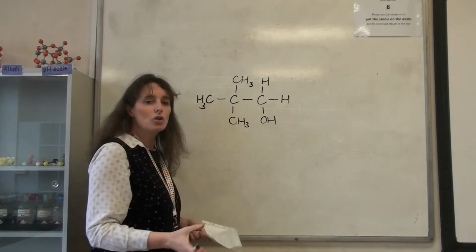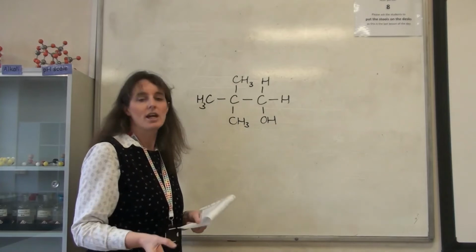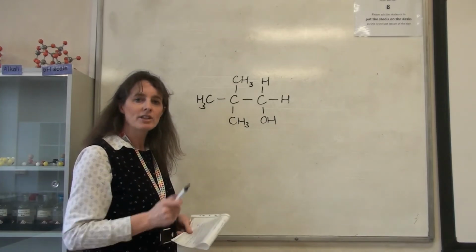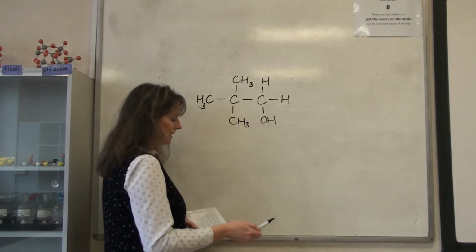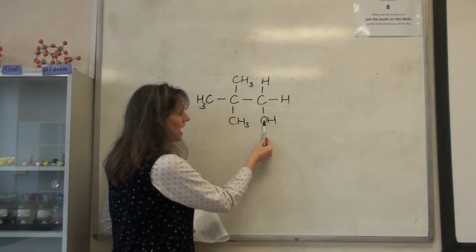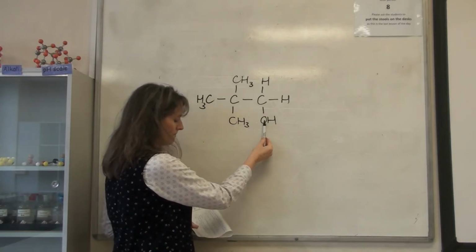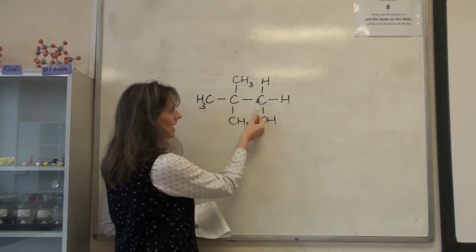There are no rules as to which type, primary, secondary or tertiary, do or don't dehydrate. It's just a case of having to keep an eye out to see that your alcohol group, OH, needs to have a hydrogen atom on the adjacent carbon to the C containing the OH.